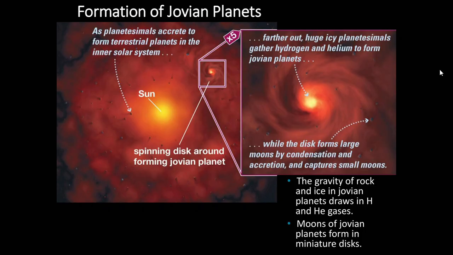And so this is why those gas giants have so many moons and why they still have ring systems. Those are the leftover material from their formation.